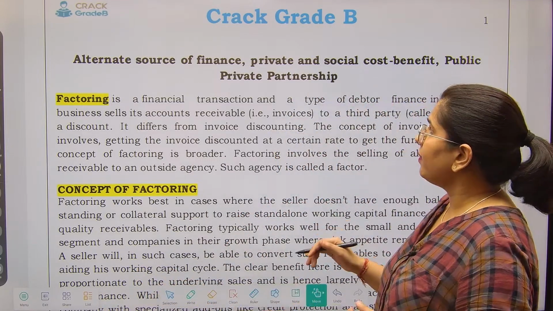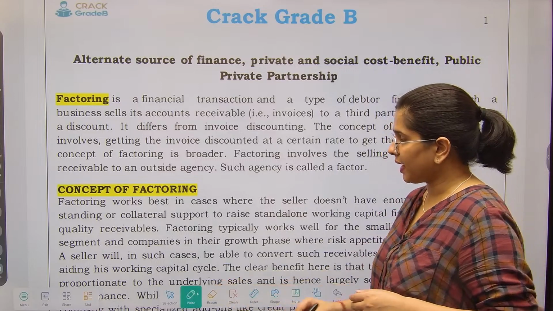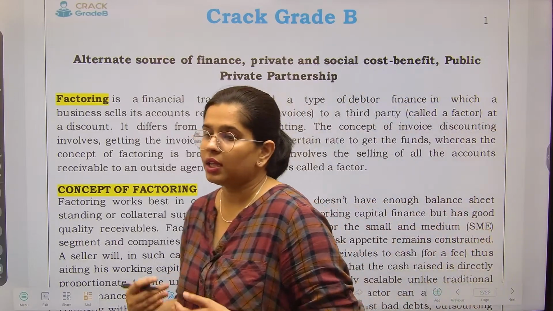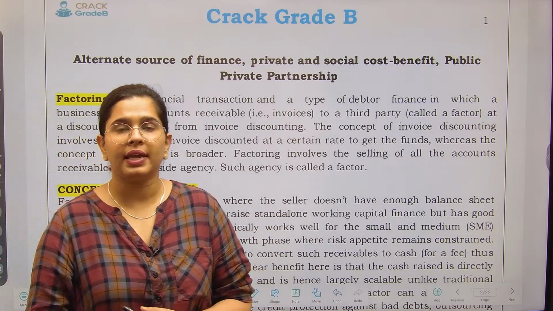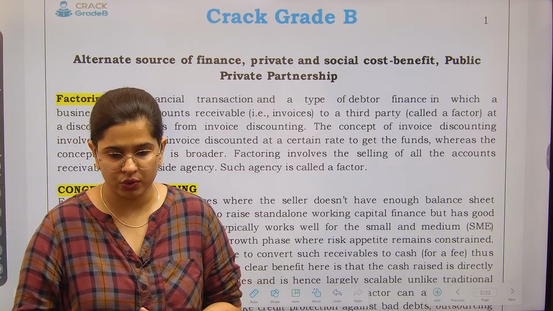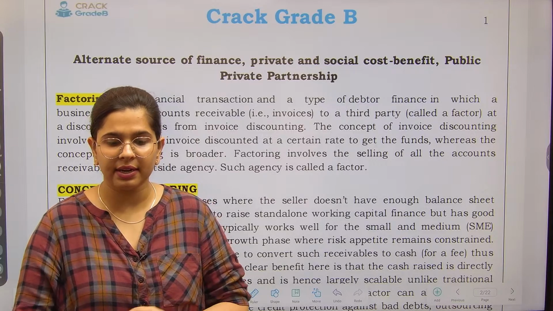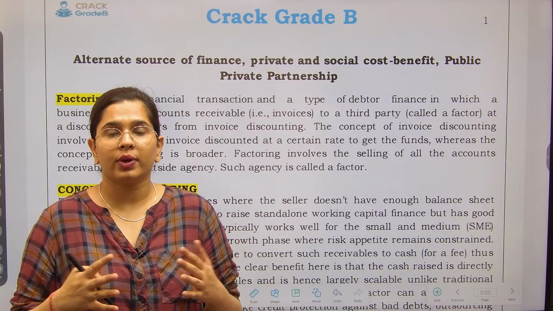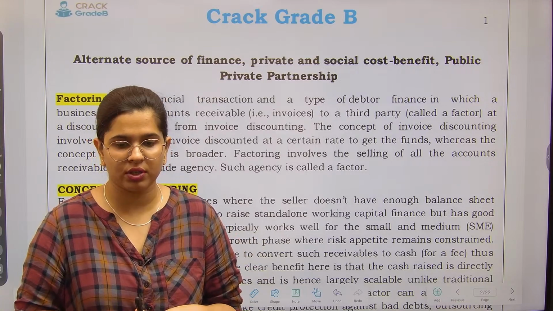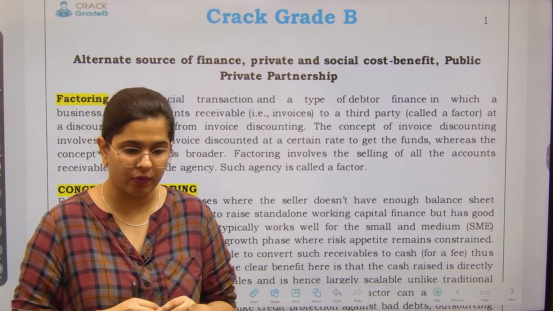But alternate sources of finance are the financing sources apart from the primary and secondary market sources. Primary और secondary market के जो हमारे sources थे, उनके अलावा from where you can just get the finance. So this is what we will be talking about over here.